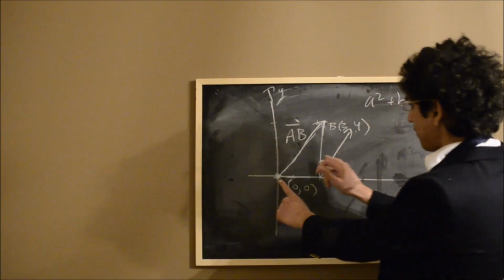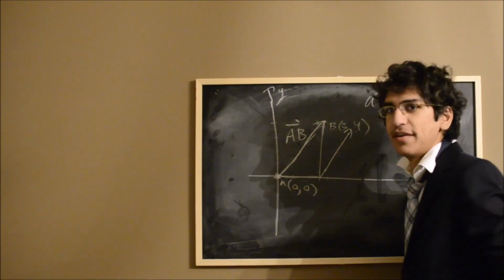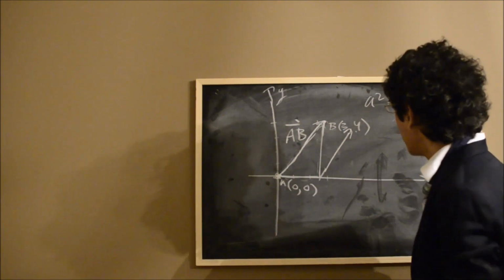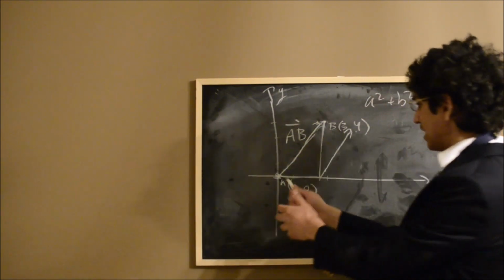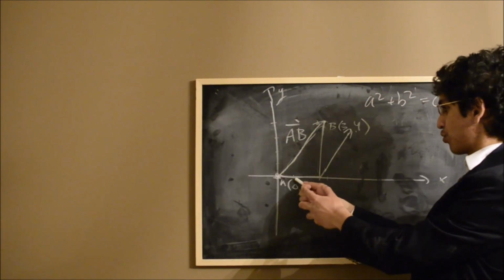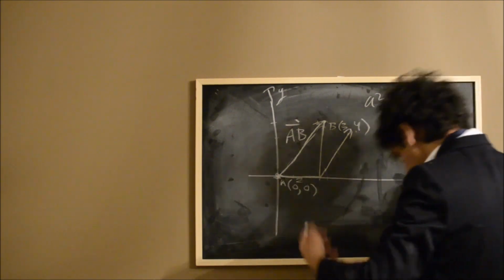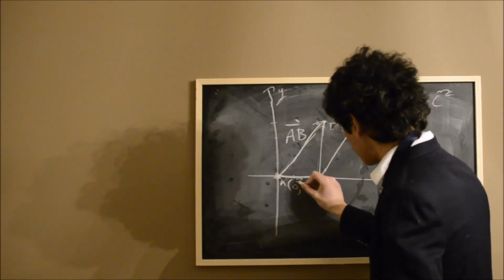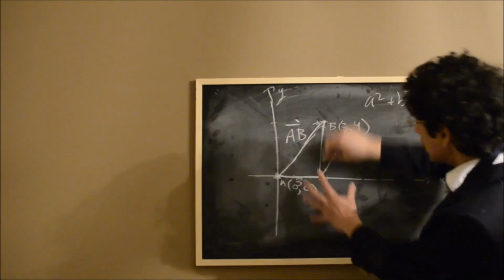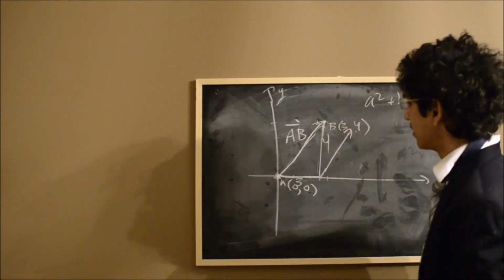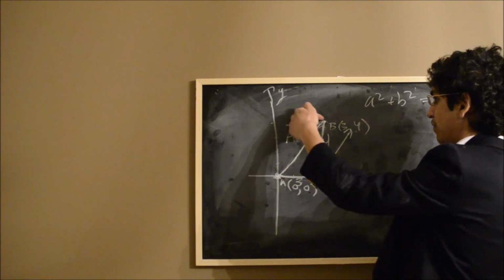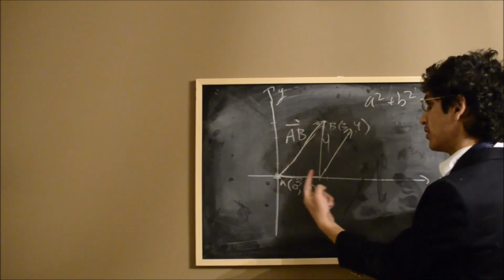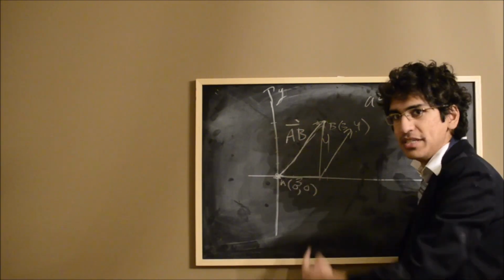So we can see that this vector is defined by the points A and B. That means that this length right here is 3 units. This length is 4 units because the vertical distance between these 2 points is 4 units and the horizontal distance between them is 3 units.